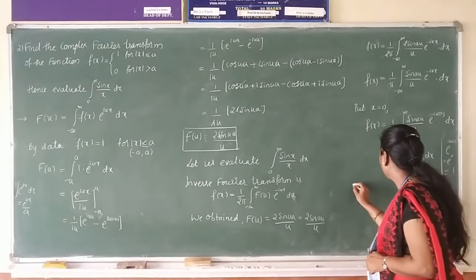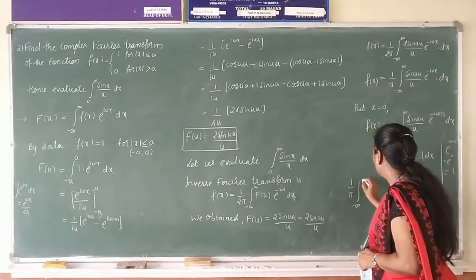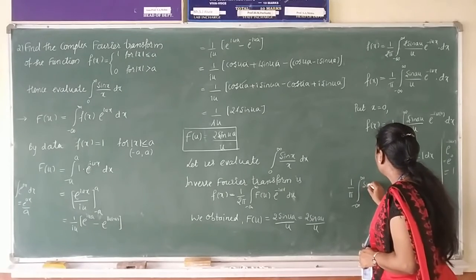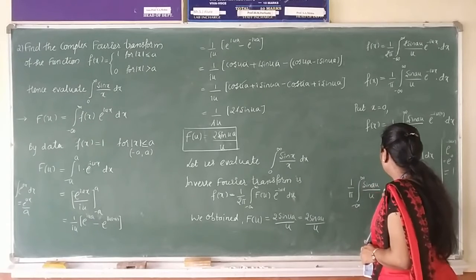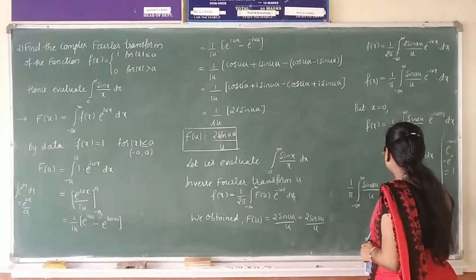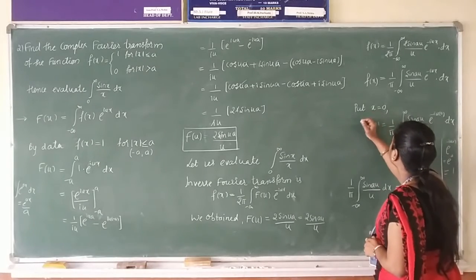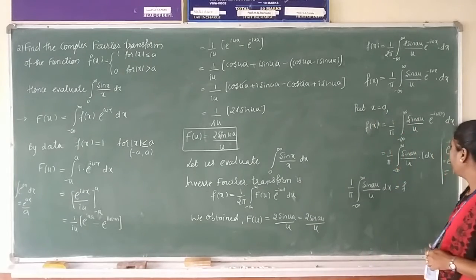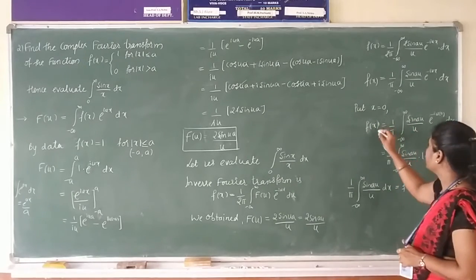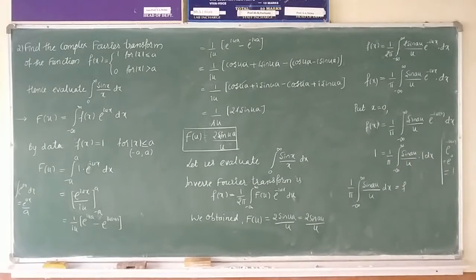This is nothing but 1 by pi integration minus infinity to infinity sin au upon u with respect to u. Here we are substituting x equals 0, so we get the value of f of 0.